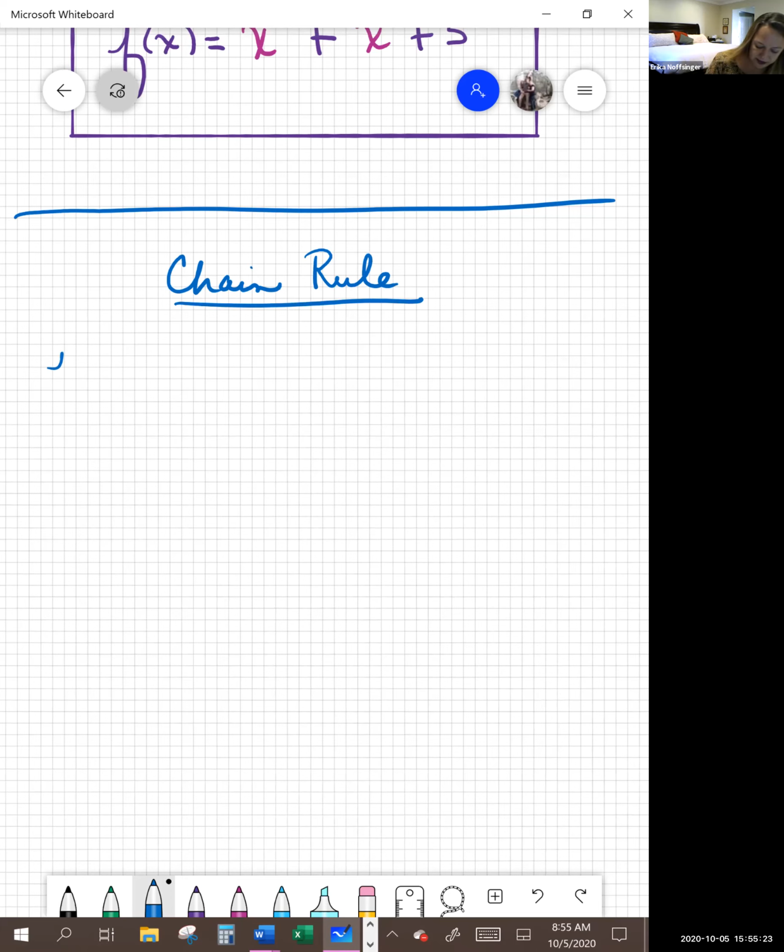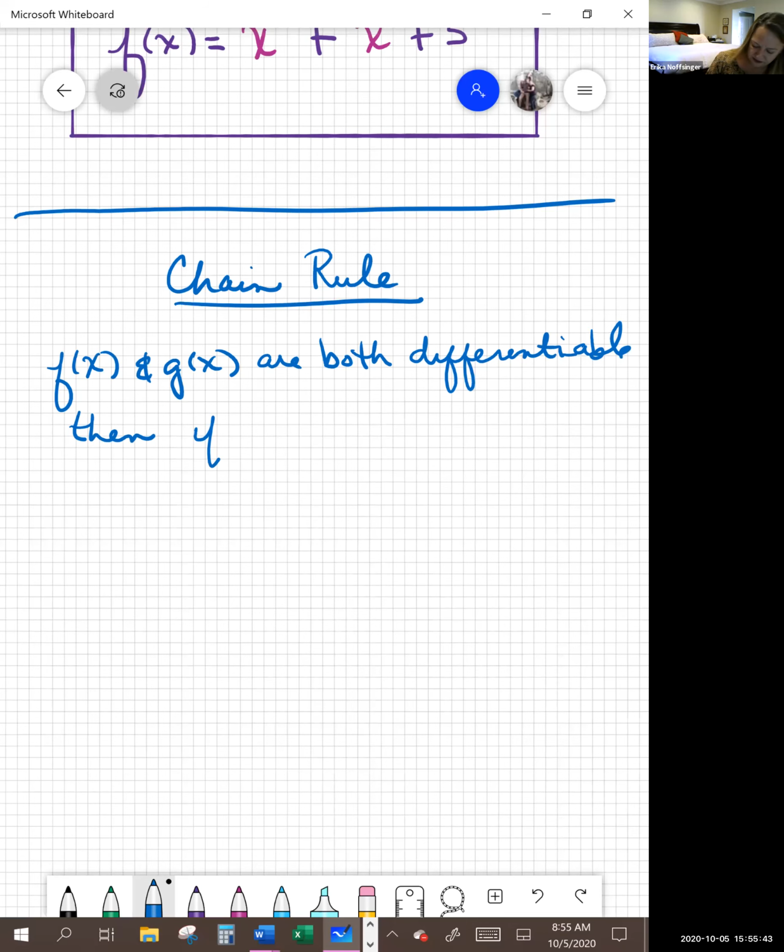So if f of x and g of x are both differentiable functions, then let's say y is equal to the composition f of g of x. I'm just going to change colors again just so you see it.